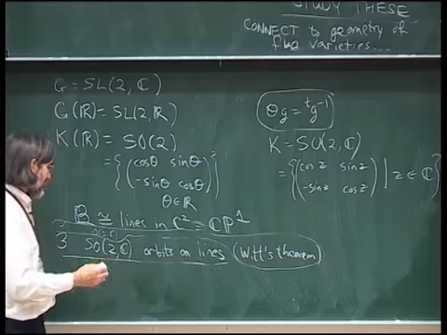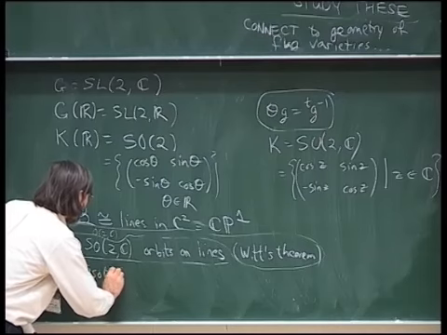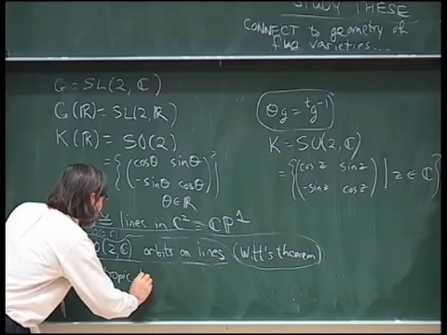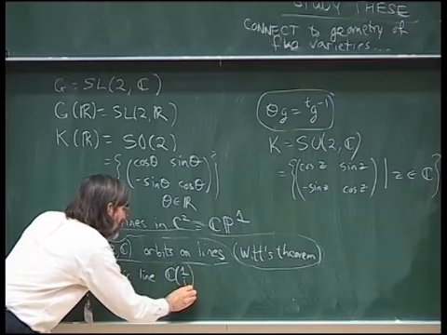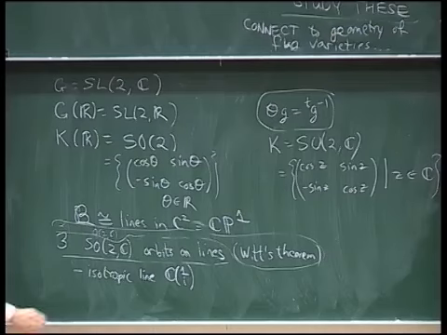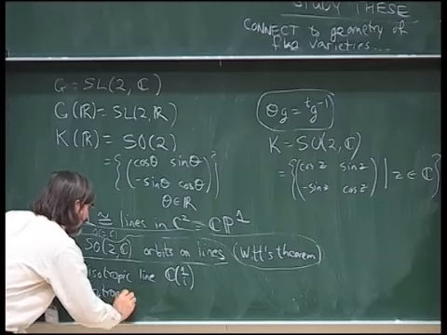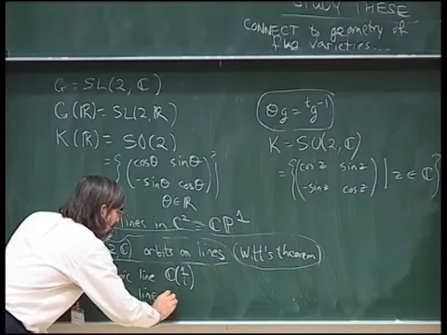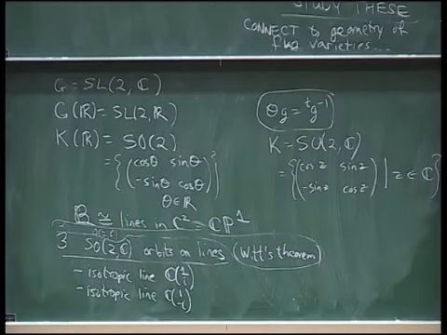So what the orbits are is the isotropic line, the multiples of 1 and i. There's another isotropic line, the multiples of 1 and minus i.